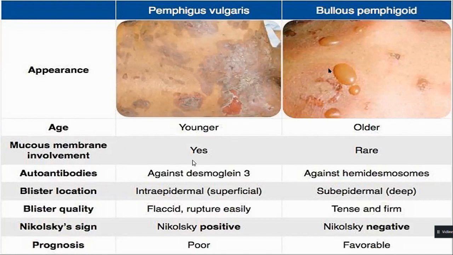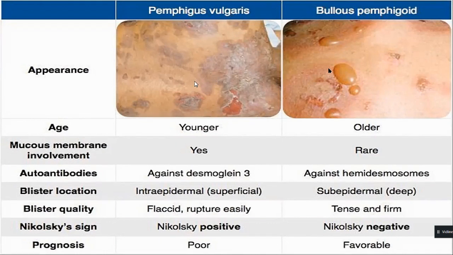Here, yes, this one rare, no involvement regarding mucous membrane. Autoantibodies in vulgaris are against desmoglein 3, and in bullous against hemidesmosomes.